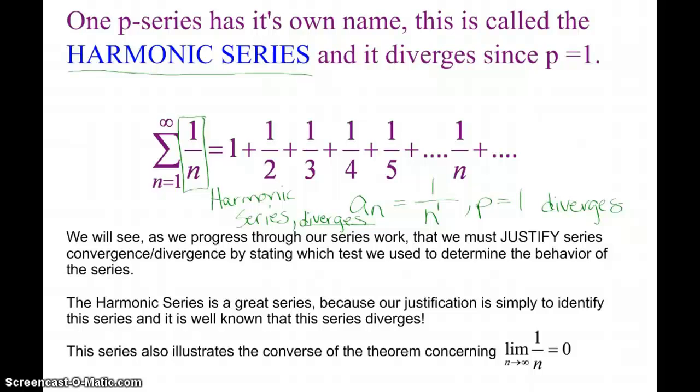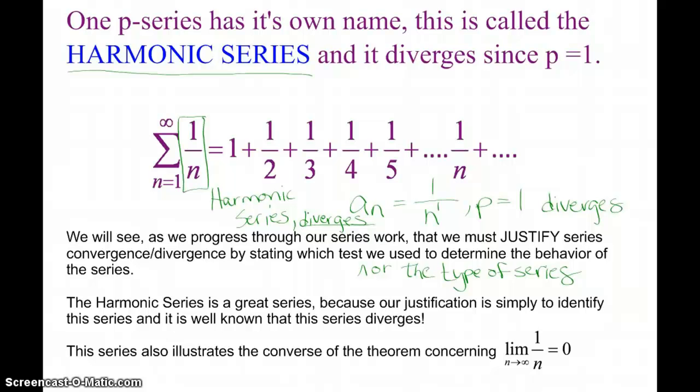So we'll see as we progress through our series work that we have to justify why we say this series converges or diverges. And we'll have to state which test, or we might even say the type of series, so that we can determine the behavior of the series.